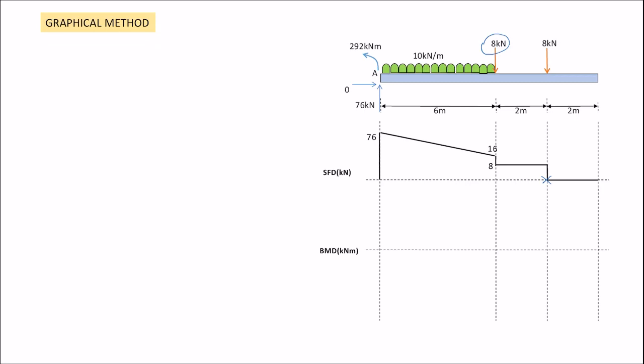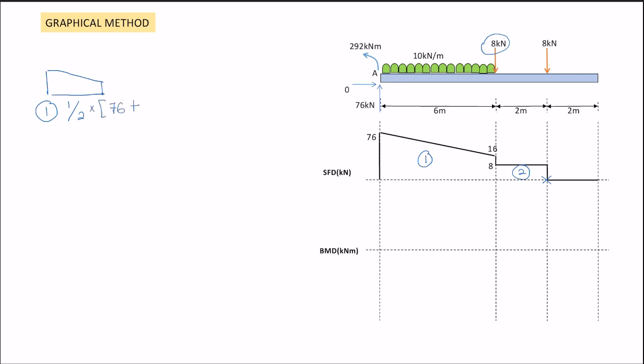To calculate for BMD, you have to calculate the area of SFD. So for the first area, I'm going to mark it as 1, and the second area, I'm going to mark it as 2. For area number 1, this is a trapezium, therefore half times 76 plus 8 times 6 meter.